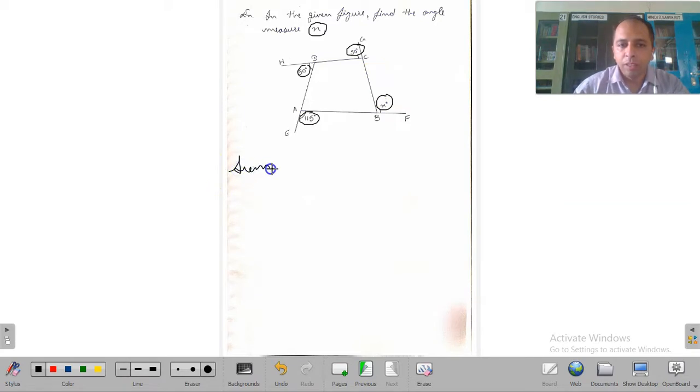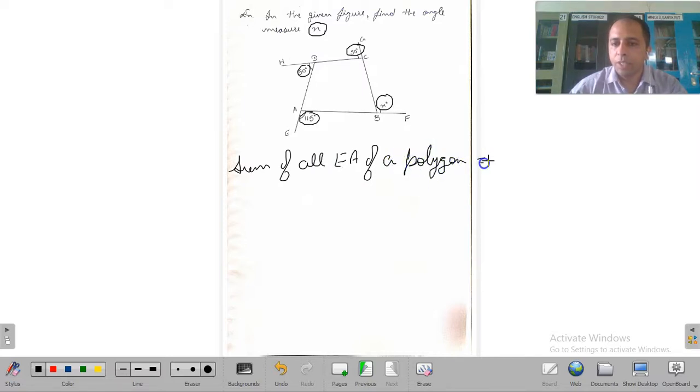So what can we write down? The sum of all exterior angles of a polygon is how much? 360 degrees.